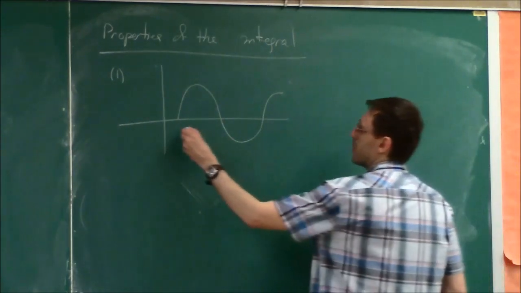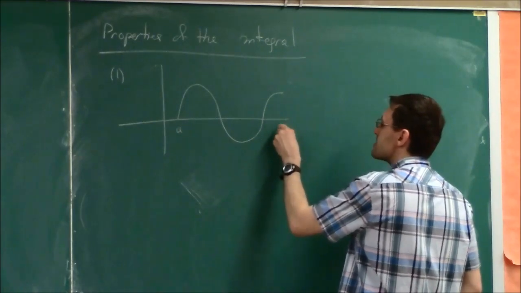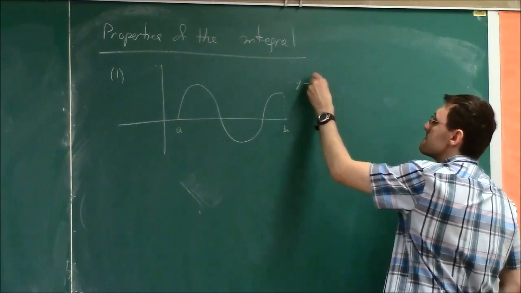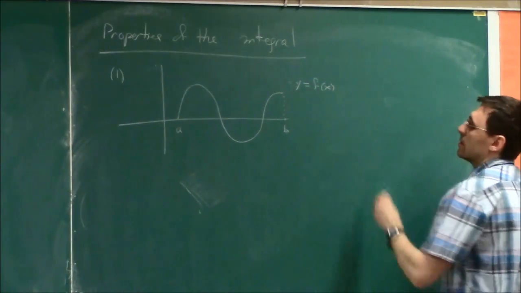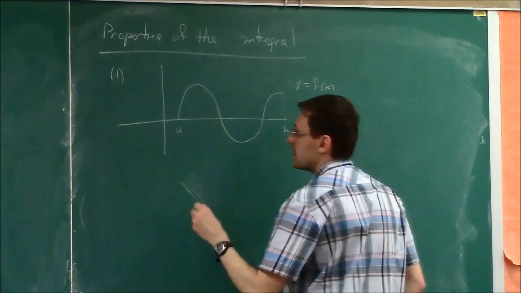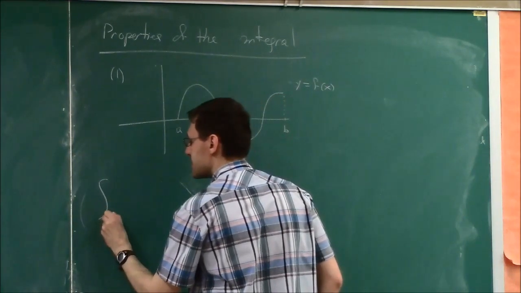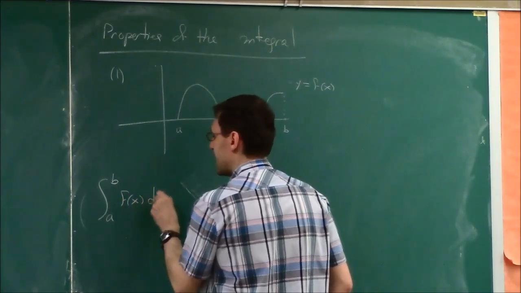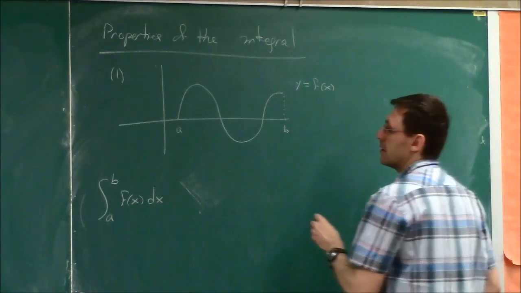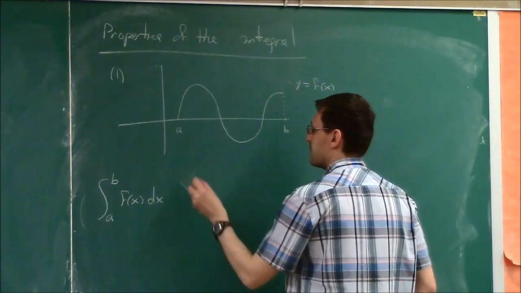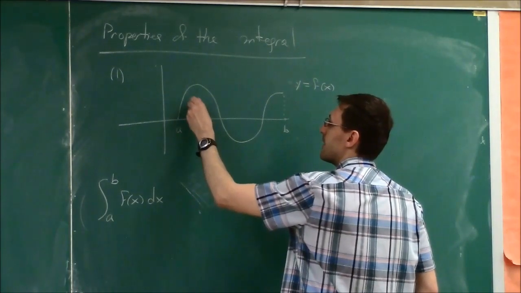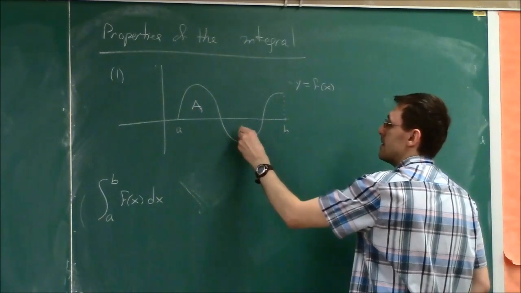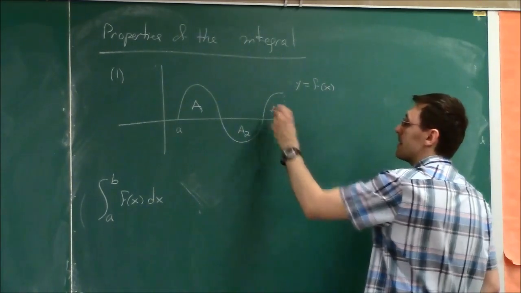So it's just some curve from A to B. So let's try to interpret what is the integral from A to B of f of x dx in terms of area. So if this is area 1, this is area 2, this is area 3.